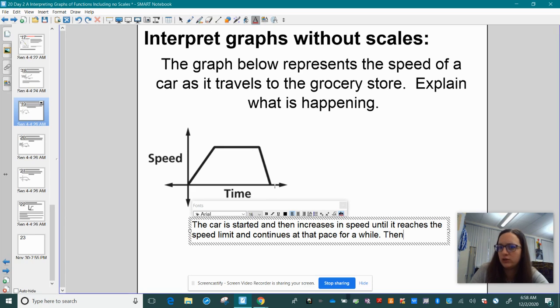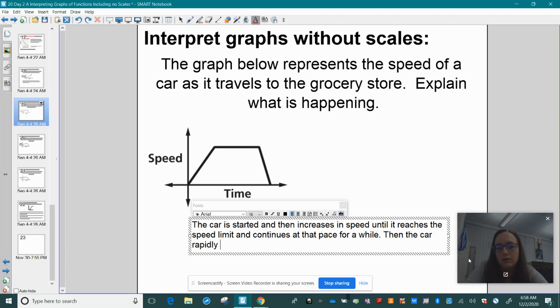Well, you're probably close to the grocery store, so you're decreasing to then park. The speed. Until it stops. You're there. You have arrived at the store, right?